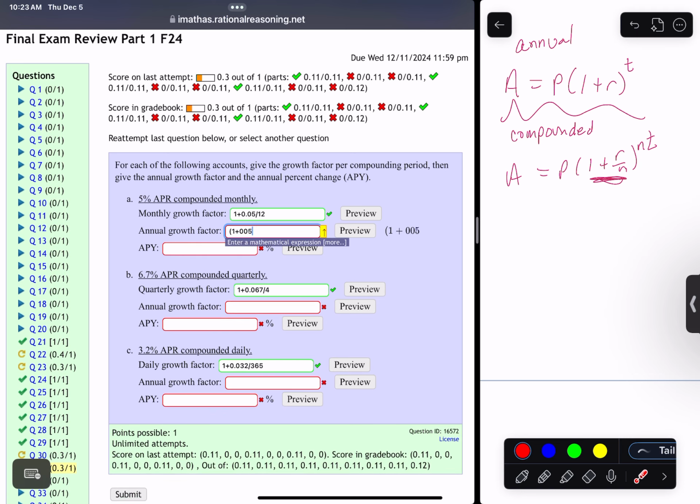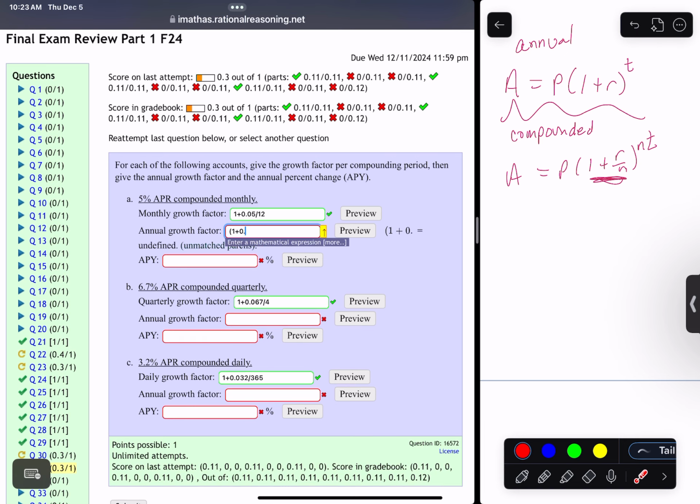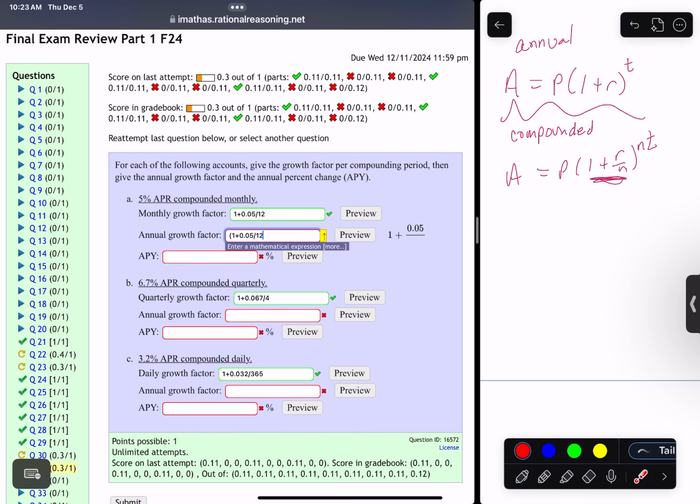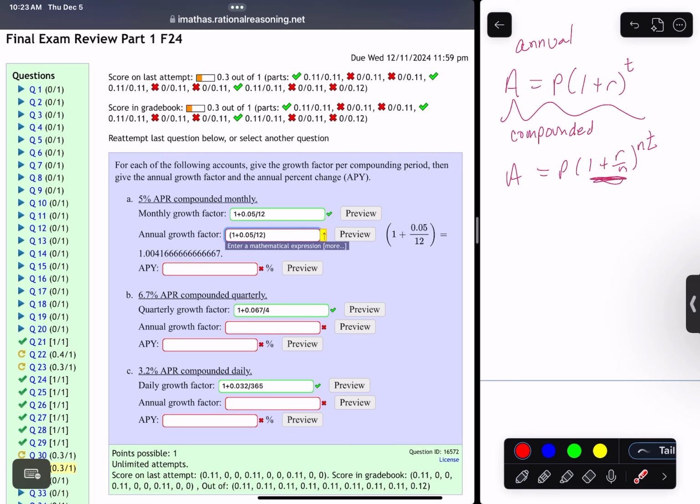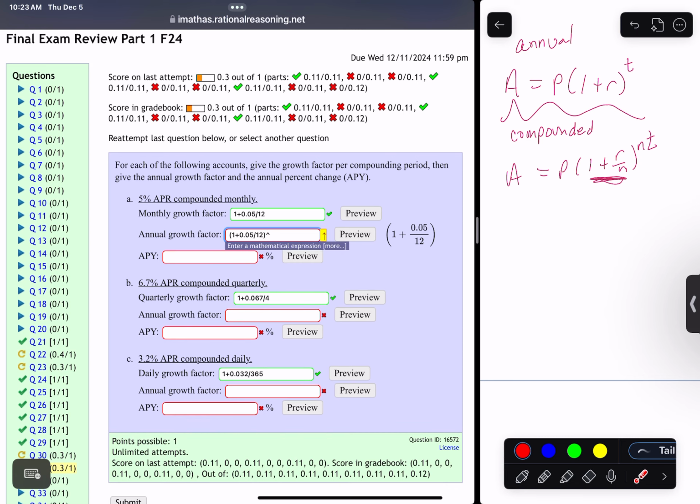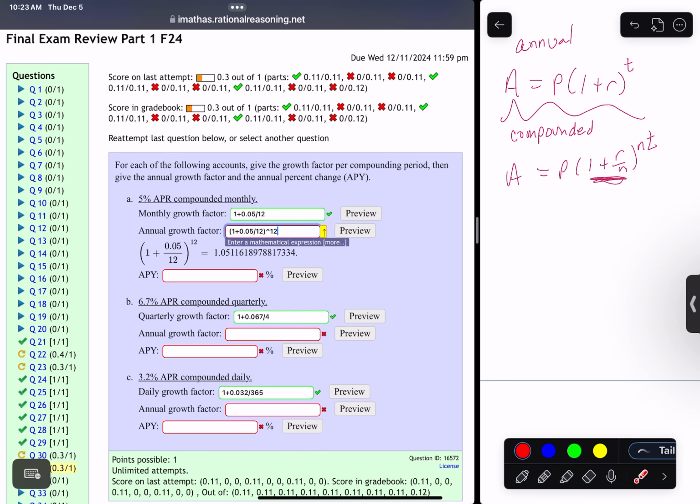Type it out again in parentheses, if Mrs. Hawk could type. And then put it to a power of 12. So that same thing you divide by, 12. See the formula? Now what you're doing is this part of the formula. So not the P and the T, we're just doing this part of the formula.